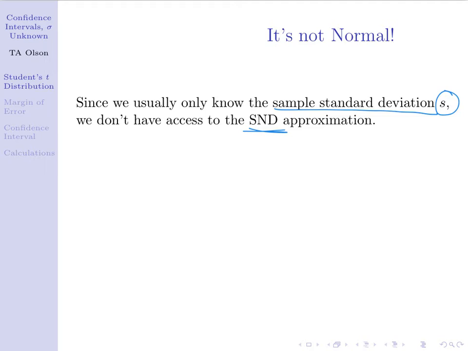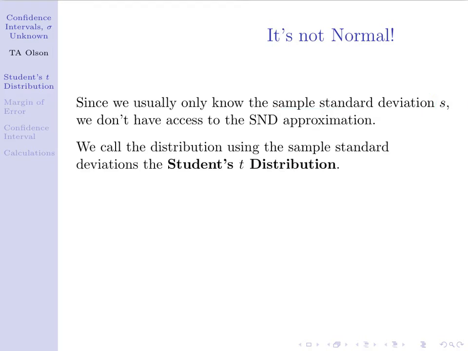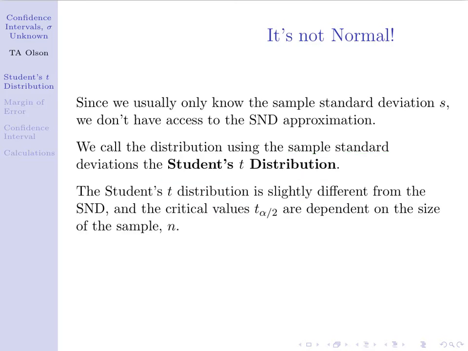Since we can't use the standard normal distribution, it turns out there is another distribution that does do the right things. And we call this distribution, using our sample standard deviations, the student's t-distribution. And it's in your book, okay? So our student's t-distribution is slightly different from the standard normal distribution.